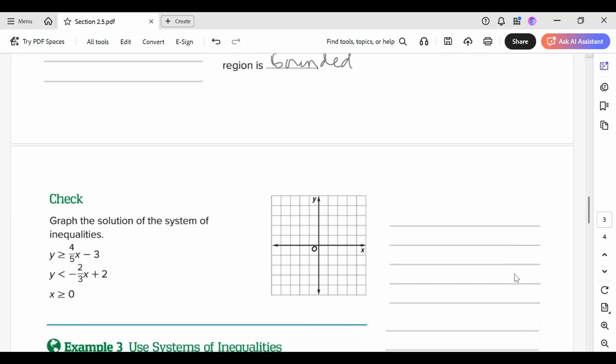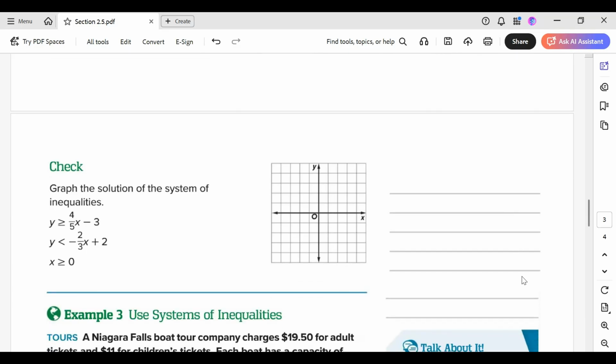And our check problem says graph the system of inequalities. So again, we have our 1, our 2, and our 3. Our first one is a solid line starting at -3. And the slope says I'm going up 4 over 5. And I have a solid line.